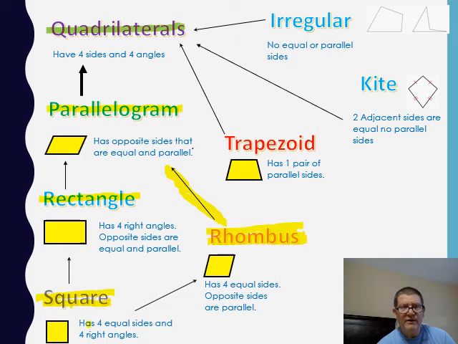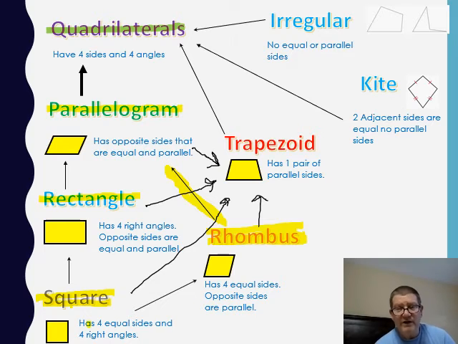Each one of these, parallelograms, rectangles, squares, and rhombuses, all can be trapezoids, because we're using the inclusive definition, and all of those have at least one set of parallel sides. So all of those can be classified as trapezoids. And then, of course, trapezoids are quadrilaterals, the reason the arrow goes up, but not all quadrilaterals are trapezoids.